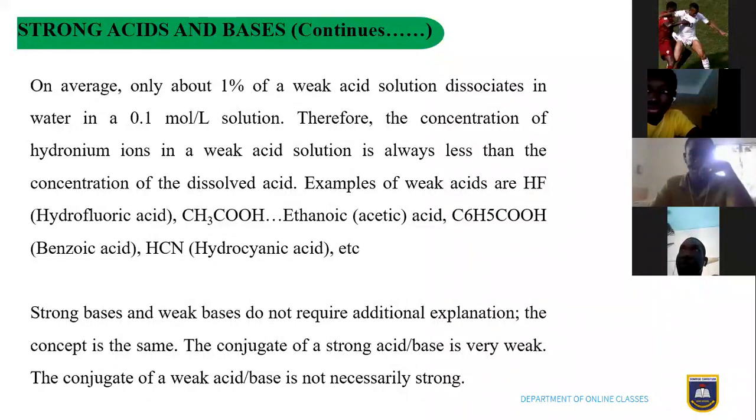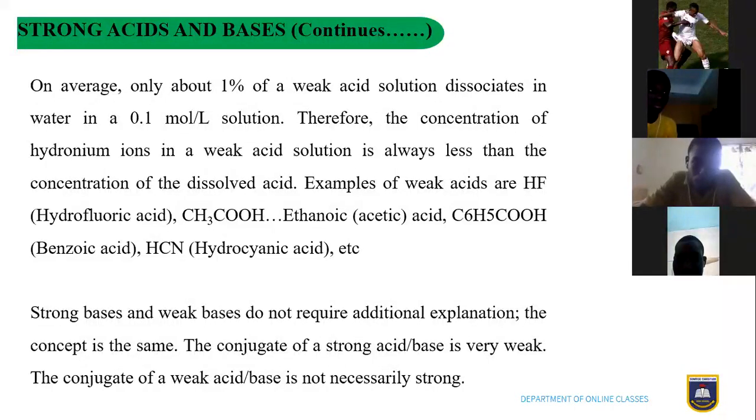Strong acids ionize completely, weak acids ionize partially. The concept is the same for bases. Strong bases ionize completely, weak bases ionize partially. Now, the conjugate of a strong acid or base is very weak. But the conjugate of a weak acid or base is not necessarily strong, but most of the time it is strong.